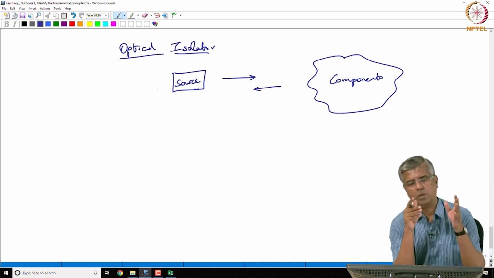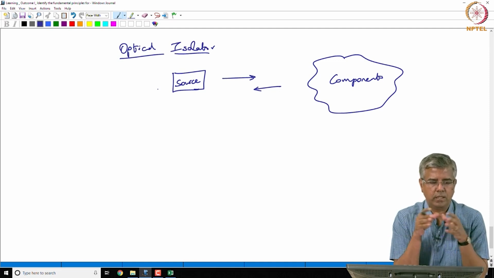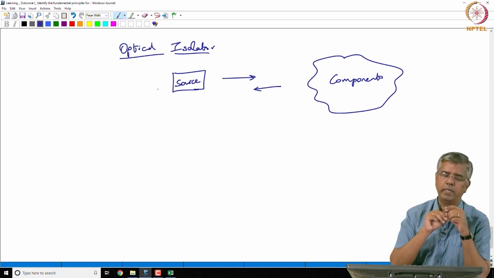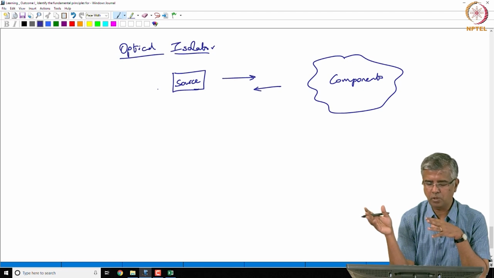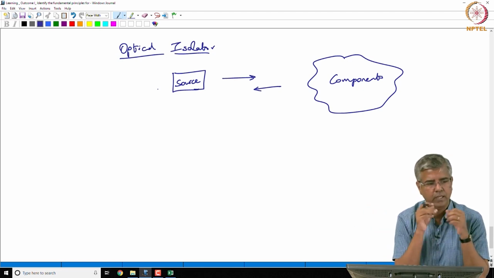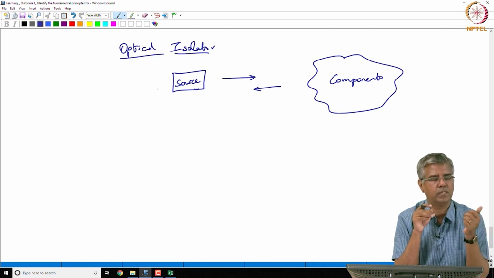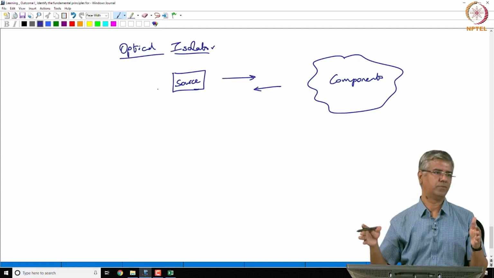So, now you have a cavity, a laser cavity, let us say, that is based on 2 mirrors, and light is going out of that cavity, it hits some component and then the reflection is coming back and it gets coupled into the laser again. So, this is like an external cavity that is getting developed.